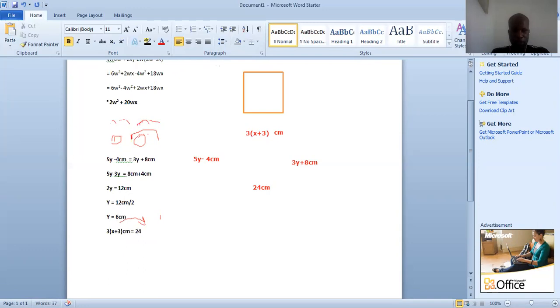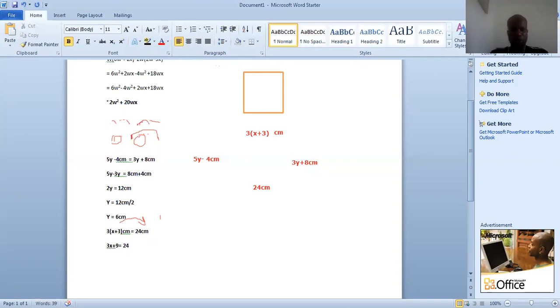This is quite easy. Now we multiply 3 by x, we get 3x, plus 3 times 3 is 9, is equal to 24.